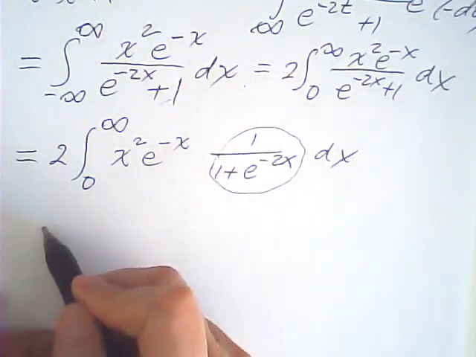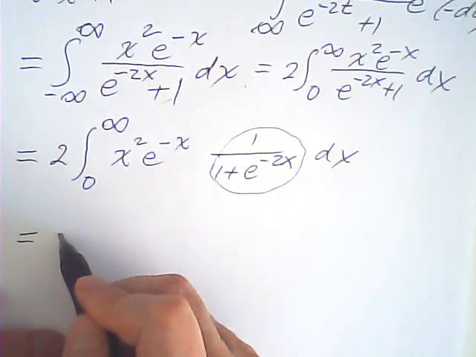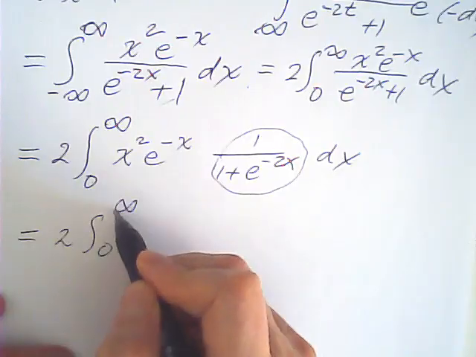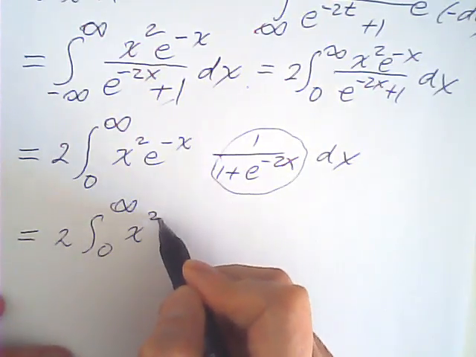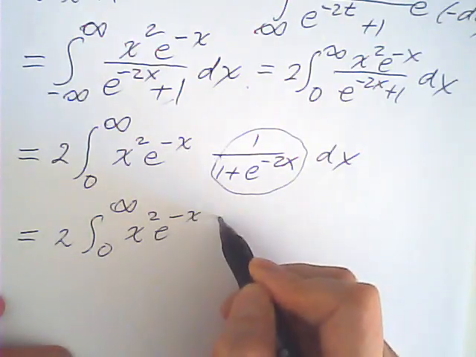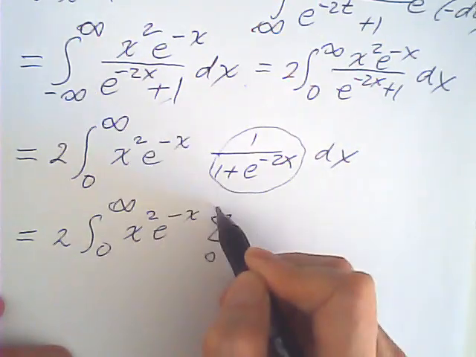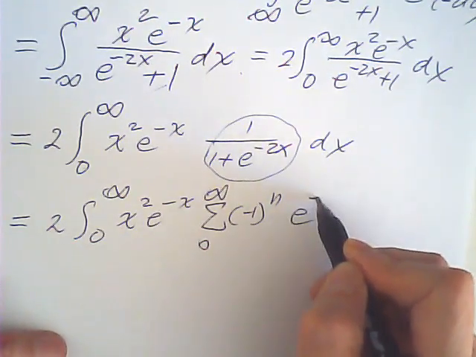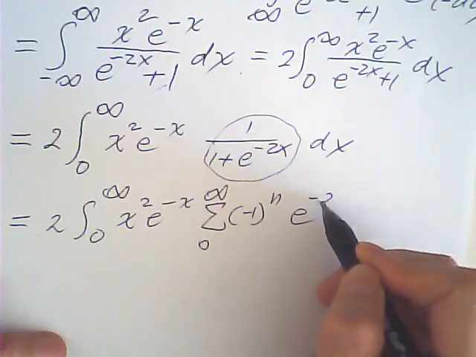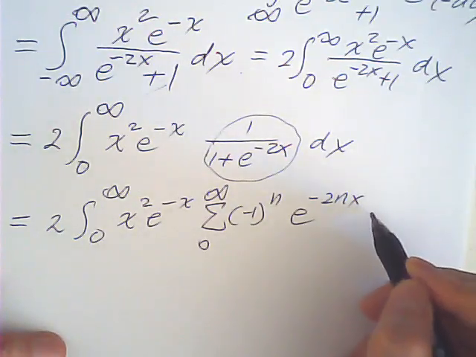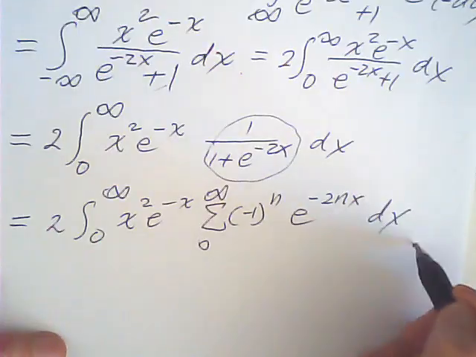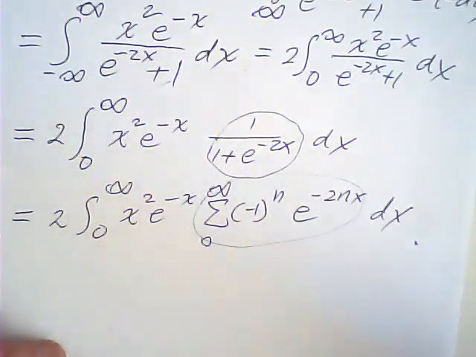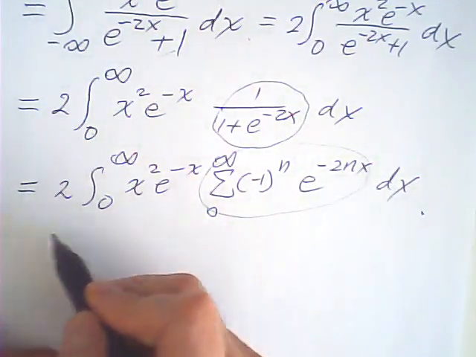So this could be written as 2 times the integral of x times the sum from 0 to infinity of negative 1 to the n, e to the negative 2nx. Yeah, very good. So this is by using power series.